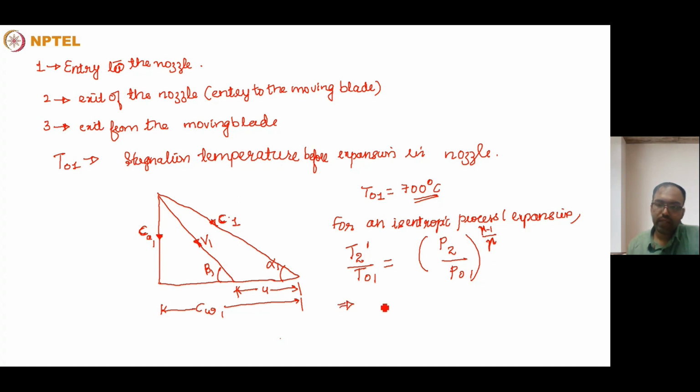From this equation, we can substitute the values of the unknowns.